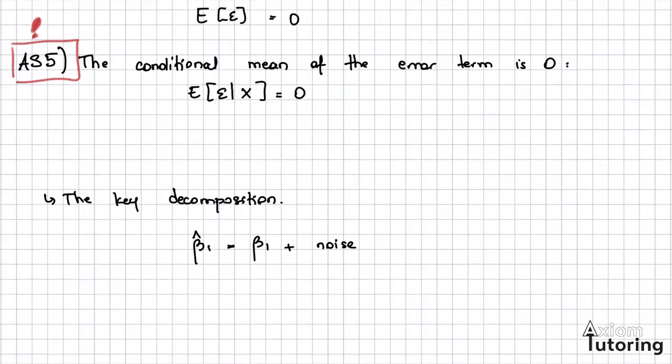Keep in mind, this is the true slope, beta 1. And this noise, we have a mathematical way of writing it, given that it's the sampling noise term.